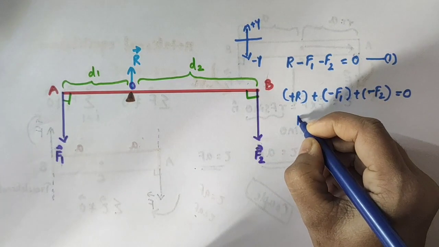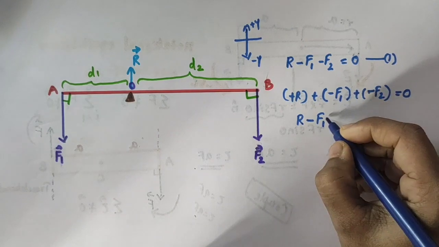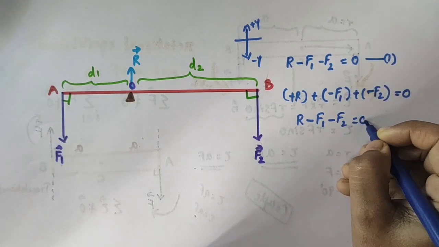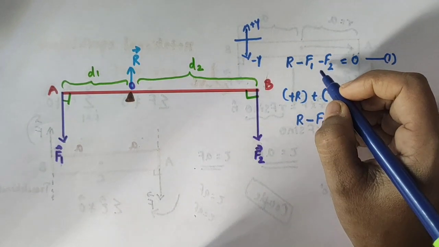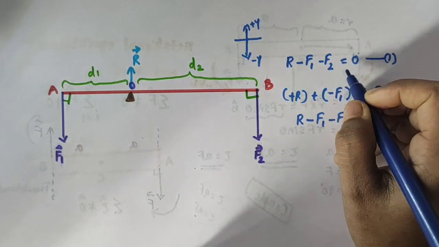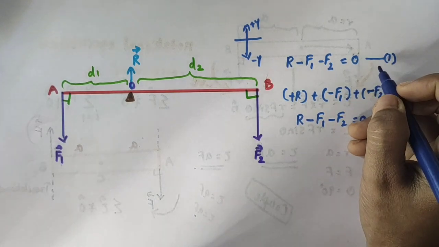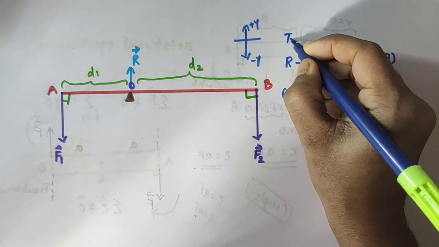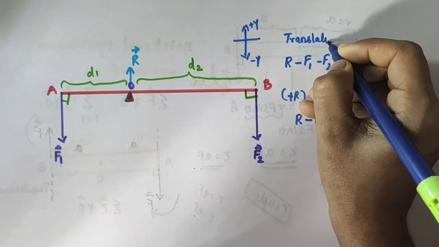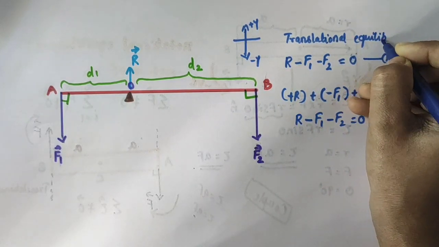So, R plus minus F1 plus minus F2 equals 0. This is how we got this expression. For translational equilibrium, R minus F1 minus F2 is equal to 0. We have taken that as equation number 1. This is for translational equilibrium.